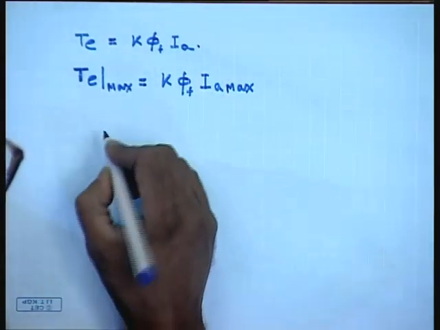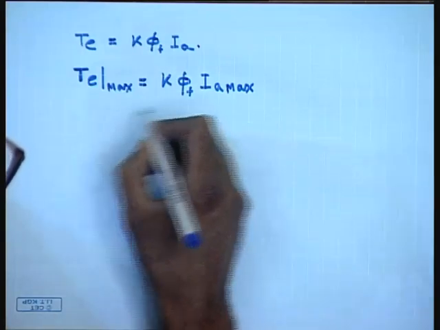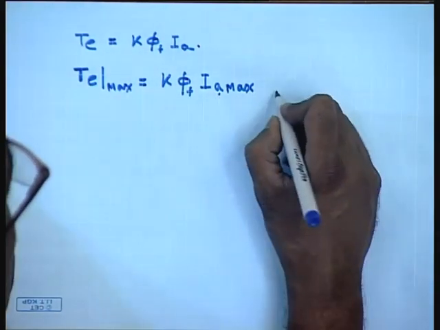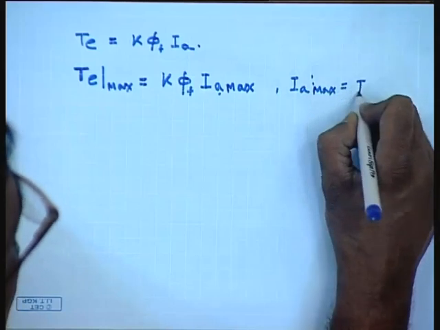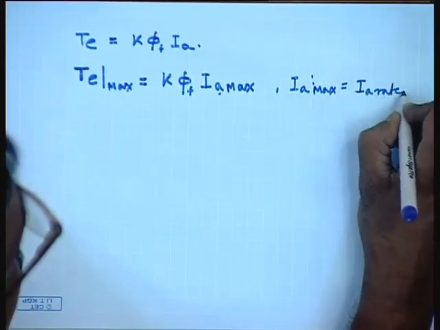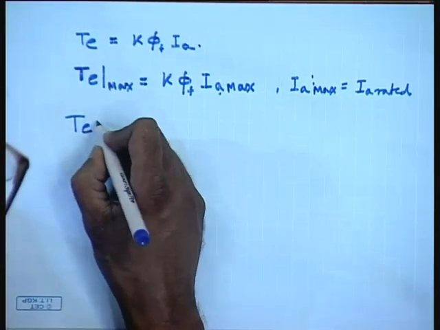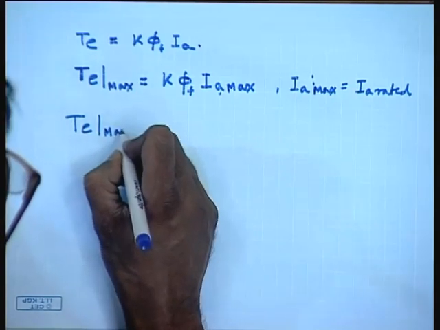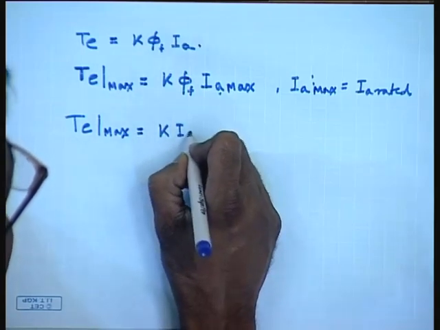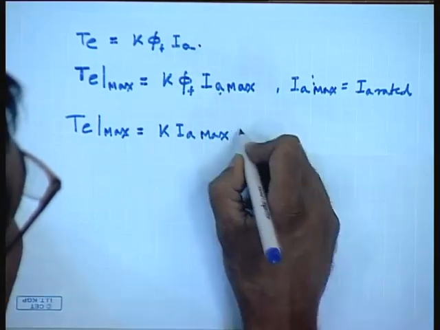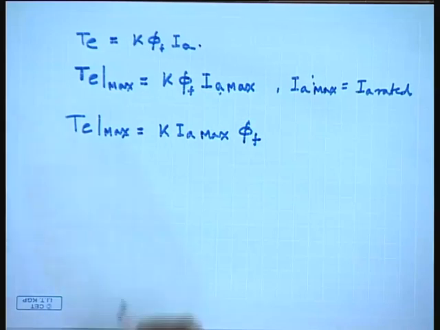So, at any reduced flux the maximum torque that can be generated, since IA max is constant which is equal to IA rated, then TE max is equal to K IA max phi f. What is the corresponding machine speed at a current of IA max?